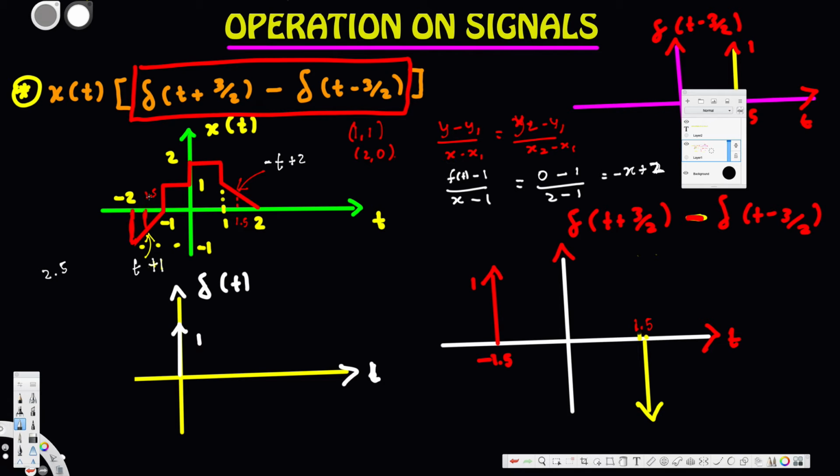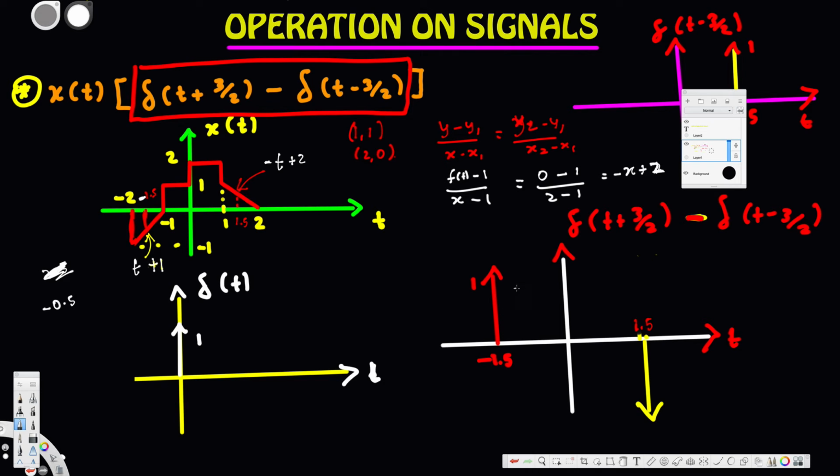This one is negative 1.5, right? Actually, this location is negative 1.5. So negative 1.5 plus 1, that's going to give us negative 0.5. And if you multiply this 1 by negative 0.5, you will get a negative 0.5.